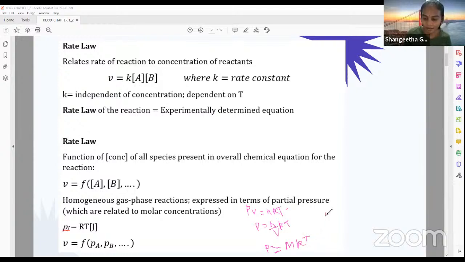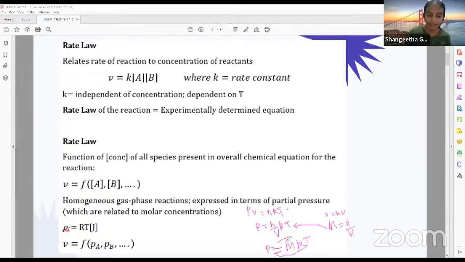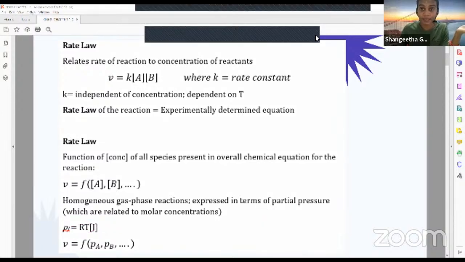Because your n equals MV, so your big M is equal to n over V. You just replace and you will get this expression here. So simple. It's not a very difficult thing to do. It's also similar to whatever we have studied in the previous lessons.